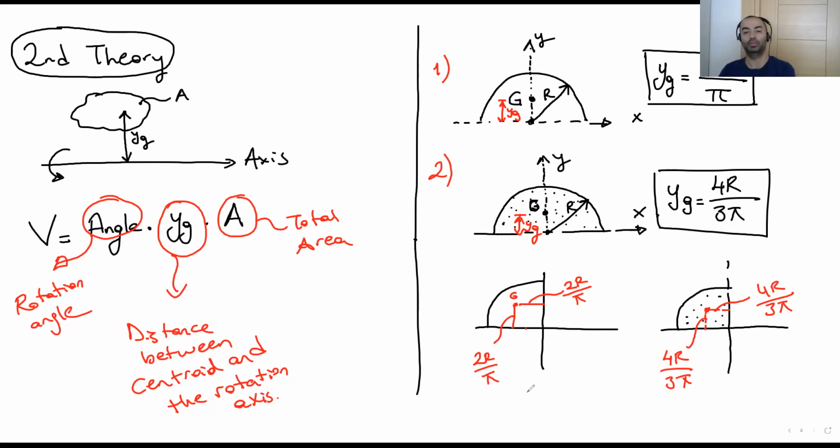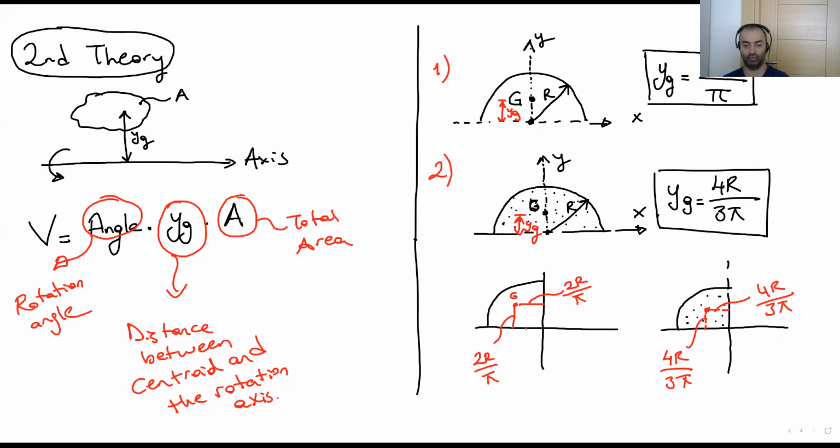As you can see here, we have 1/4 of a circular wire and circular area. When we look at the centroid location in both directions, because here we have 1/4 of a total circle, we have to define the xg and yg.